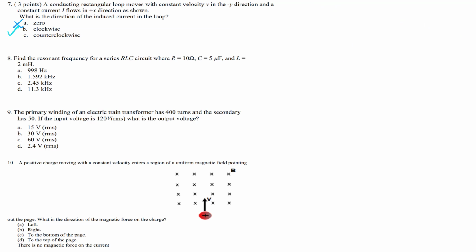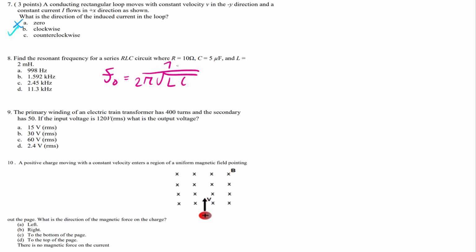Now we have to find out the resonant frequency for our RLC circuit, where we have a resistor of 10 ohms, capacitor 5 microfarads, and an inductance of 2 millihenries. Well, again, a resonant frequency is equal to 1 divided by 2 pi times the square root of LC.